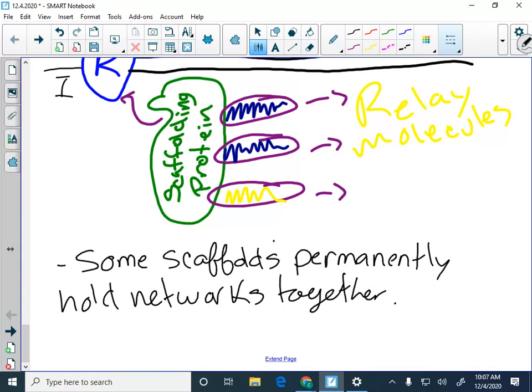A big example of this is in the synapses of our brains, right? We want to make sure that signals get from the axons of one nerve cell to the dendrites of the other, right? We want to make sure that our neurotransmitters get from point A to point B as quickly and as efficiently as possible.